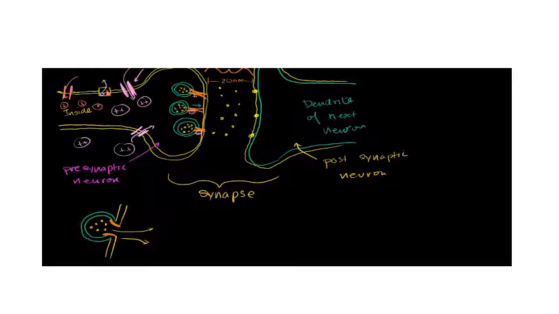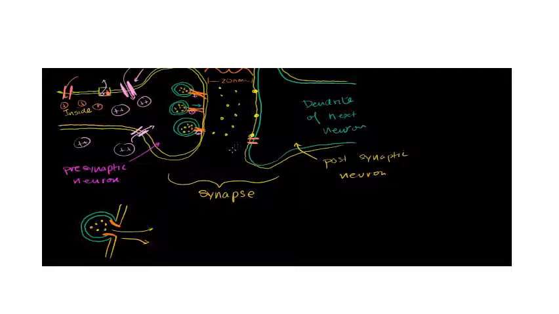But the main effect of that is that that will trigger ion channels. So let's say that this neuron is exciting this dendrite. So when these neurotransmitters bond on this membrane, maybe sodium channels open up. So instead of being voltage gated, it's neurotransmitter gated.